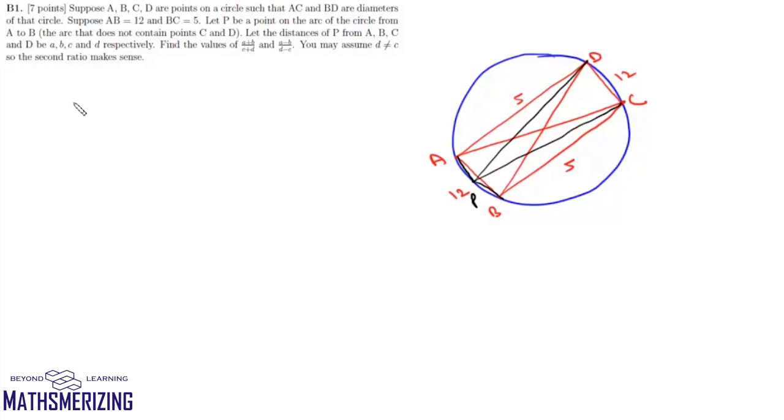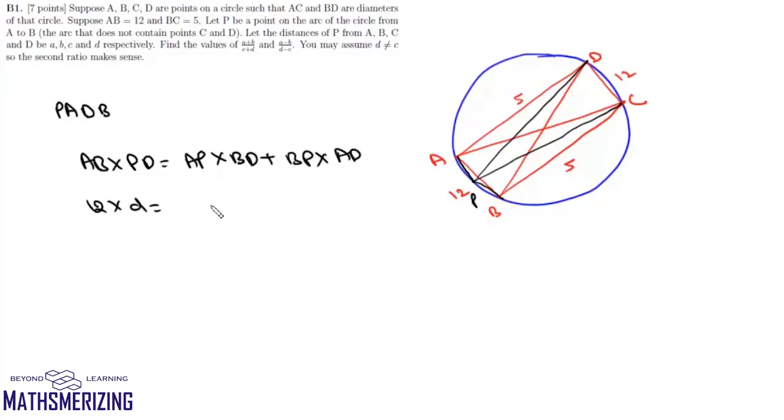Now we'll consider this quadrilateral PADB. If we use Ptolemy's theorem, then product of diagonals, which is AB into PD, will be equal to sum of product of opposite sides. So it will be AP into BD plus BP into AD. Now what is AB? AB is 12.